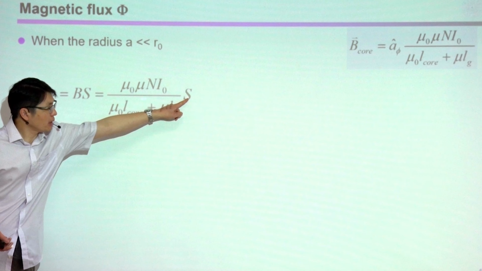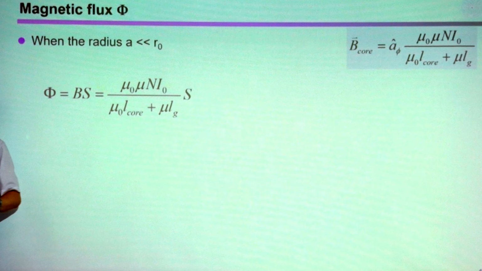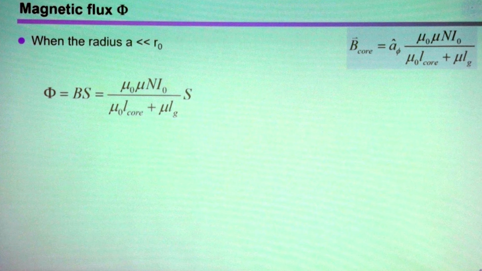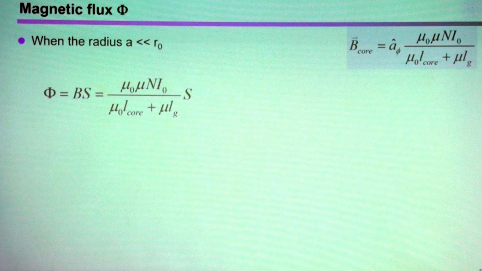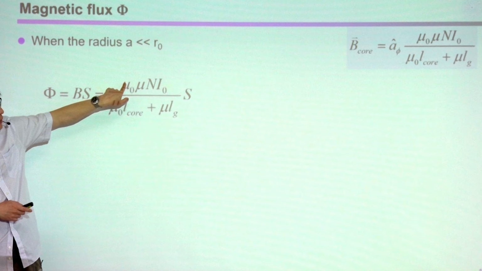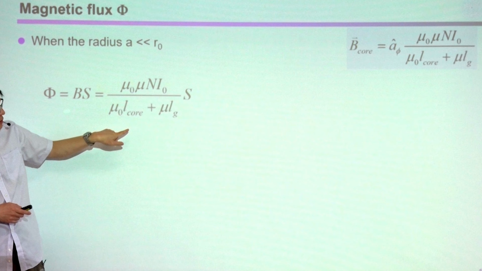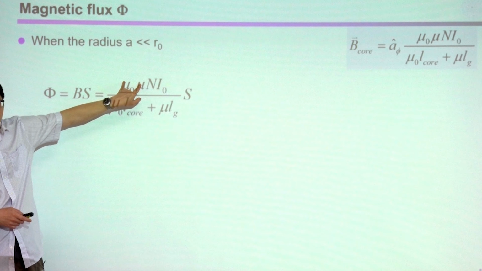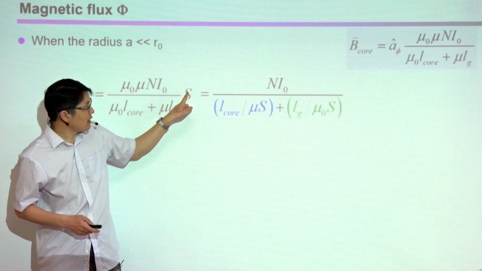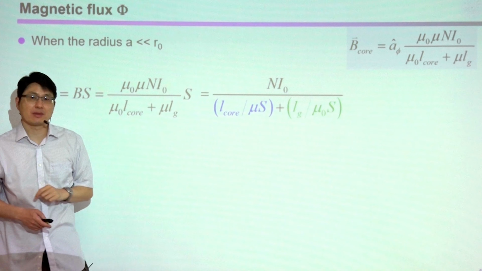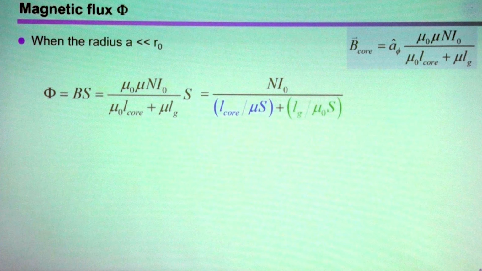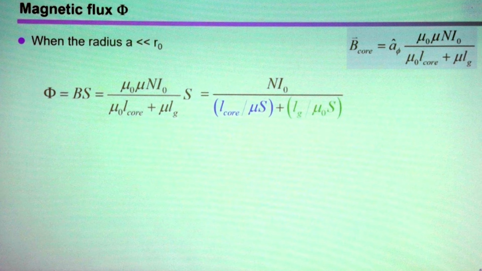So I multiply B by S. If I somehow change the math, so I have in the numerator mu 0 and mu together, if I divide mu 0 and mu on the top and bottom, what do I have? And I move this S to the bottom. So now I have rewrote the flux.